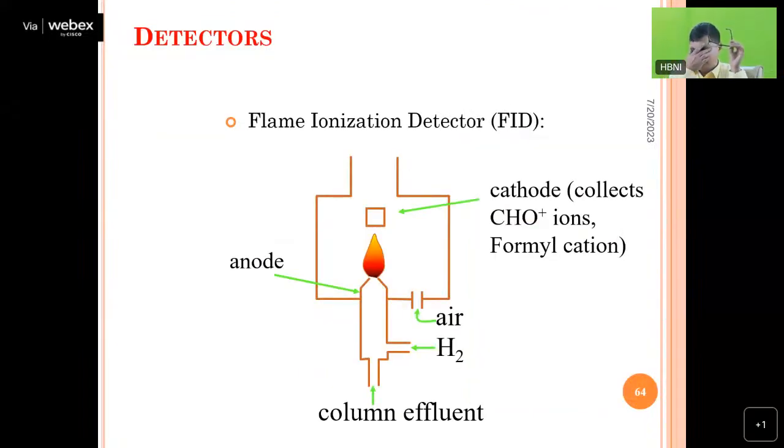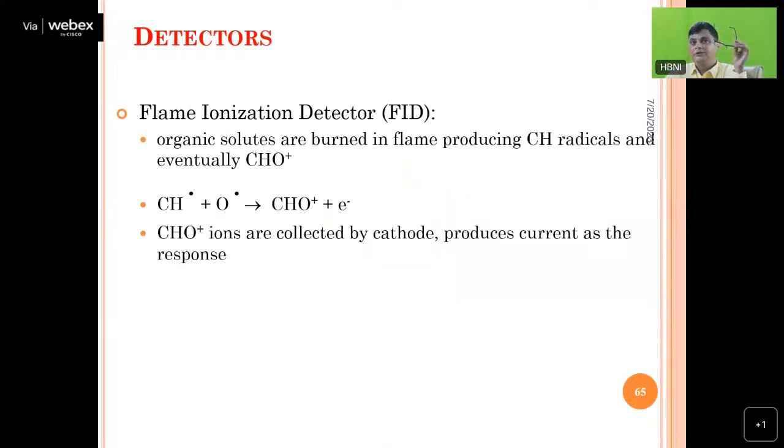In gas chromatography there are different kinds of detectors possible, but the most common detector used is the FID, that is the flame ionization detector. So what does this flame ionization detector do? The organic solutes are burned in the flame, producing formyl radicals.